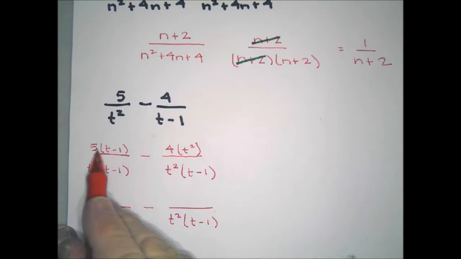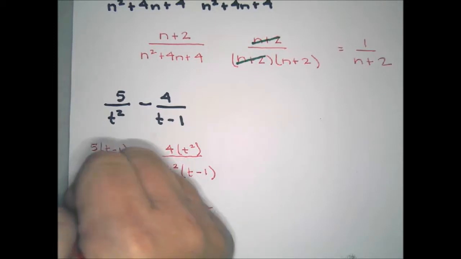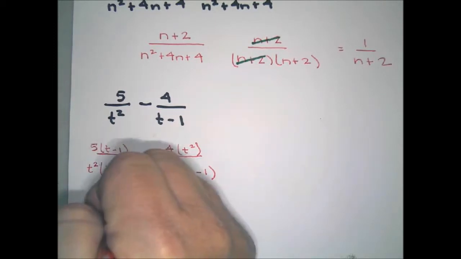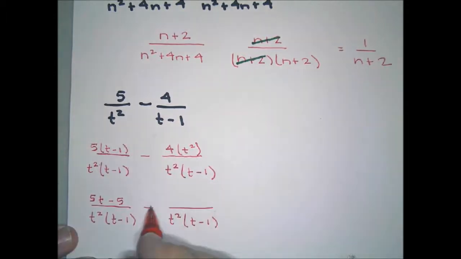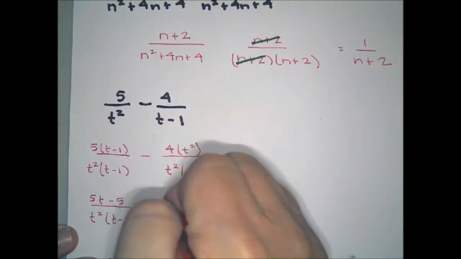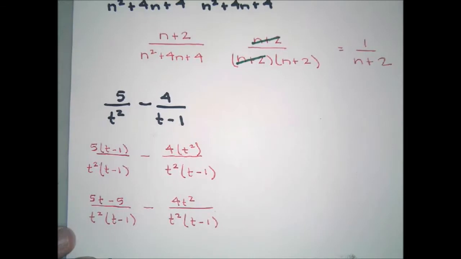I need to expand this. This would be 5t minus 5 minus 4t squared. And now I can put all this together. I'd have 5t minus 5 minus 4t squared all over this.